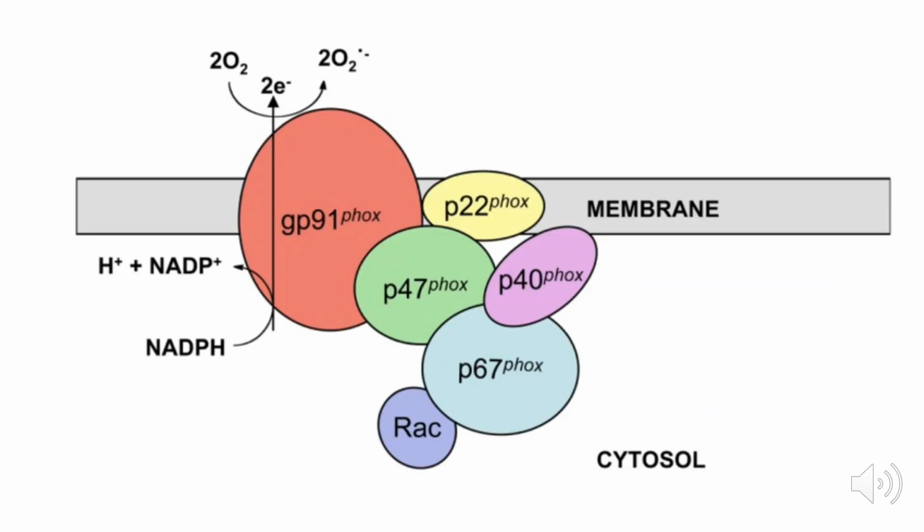This is the whole NADPH oxidase complex. As you can see, you have the different subunits. You have the gp91phox, the p47phox, and the rest. Plot twist: chronic granulomatous disease, as mentioned a while ago, is an X-linked disorder. But do you know sometimes it can also be inherited in an autosomal recessive fashion?